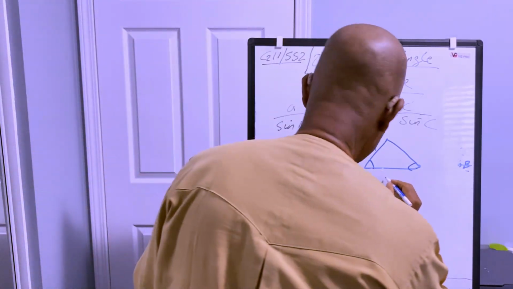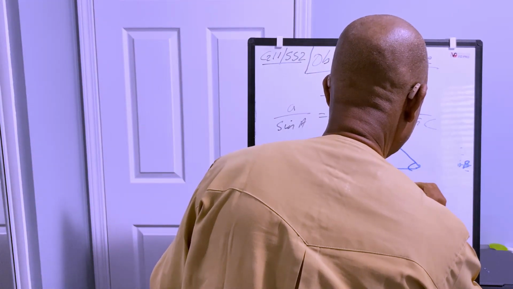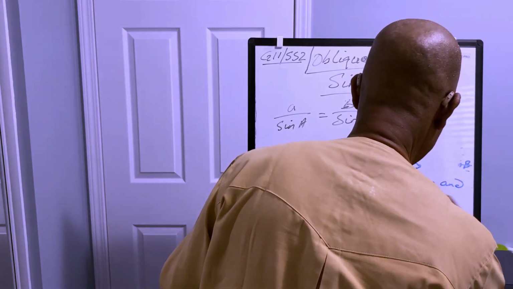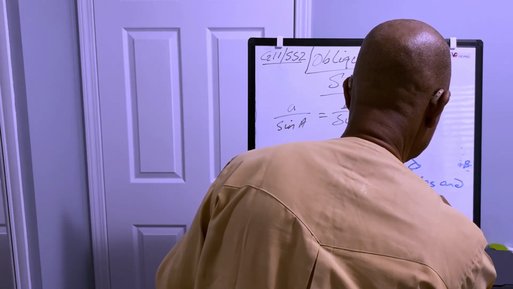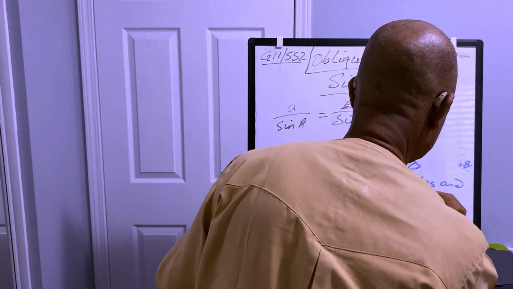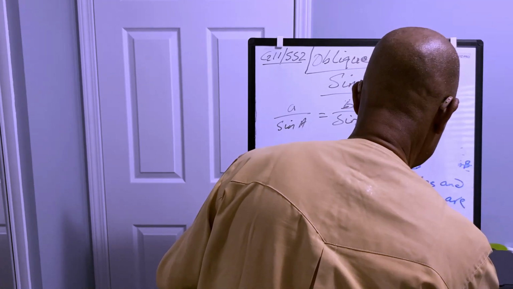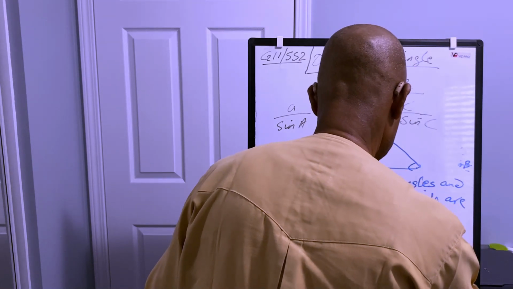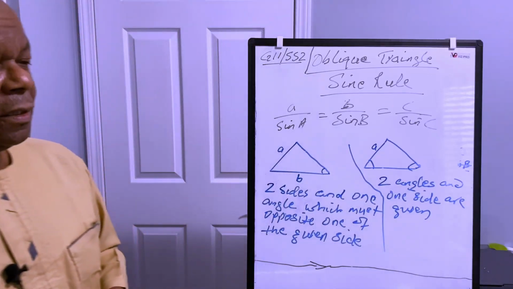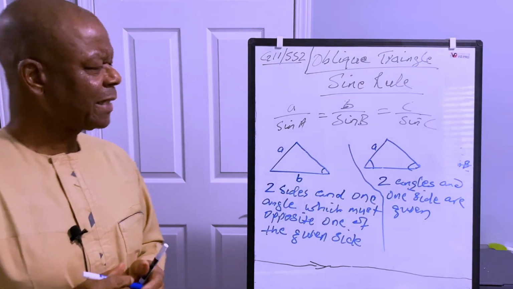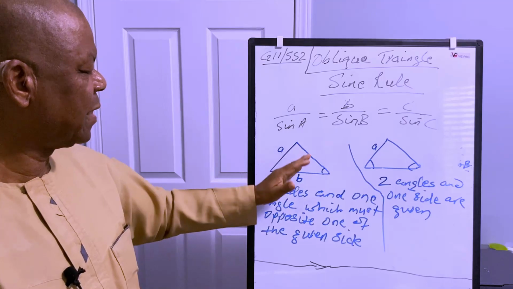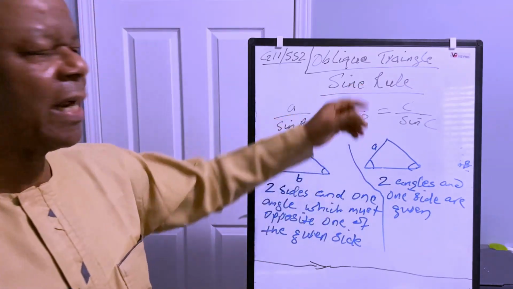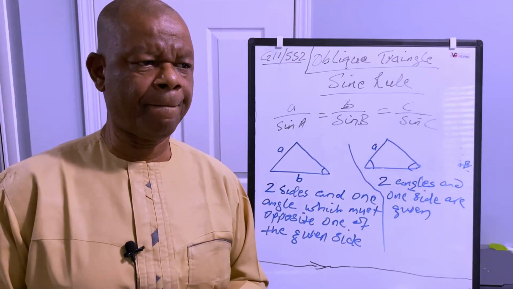So these are the situations where we apply sine rule. Here, two angles and one side are given. In a non-right angle triangle, where we are given this information, any of these, we apply sine rule to solve such a problem.